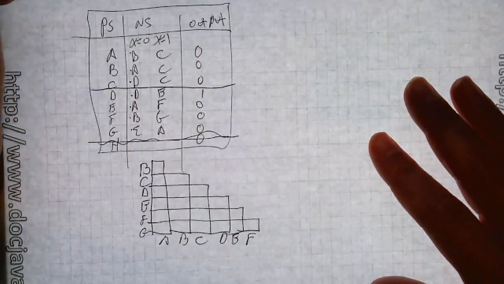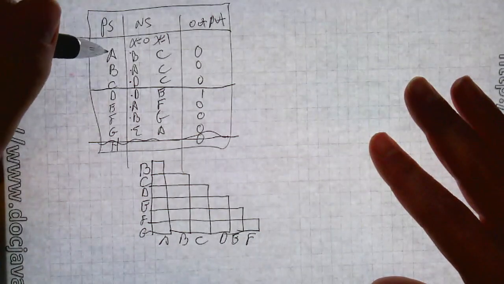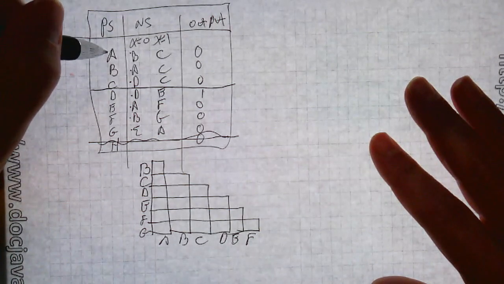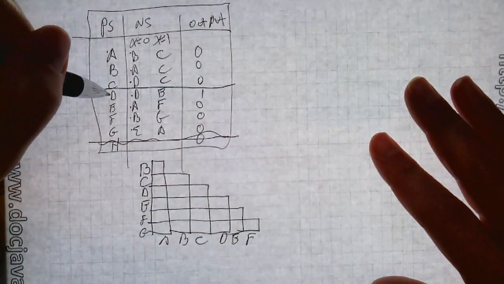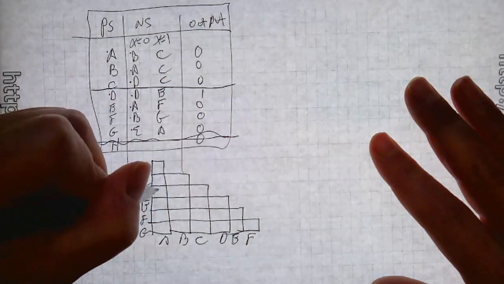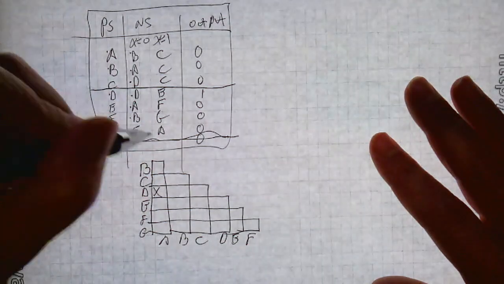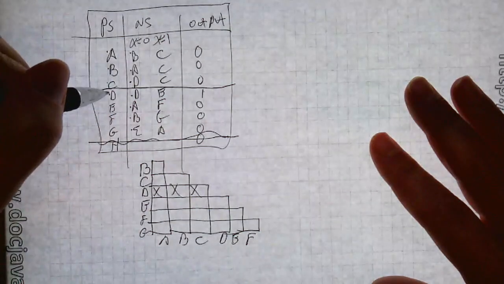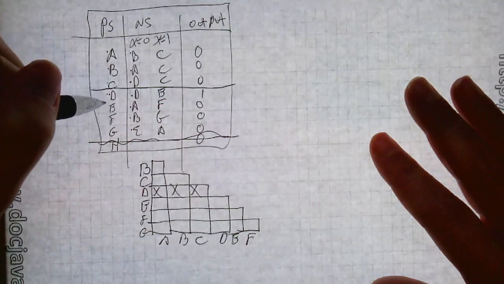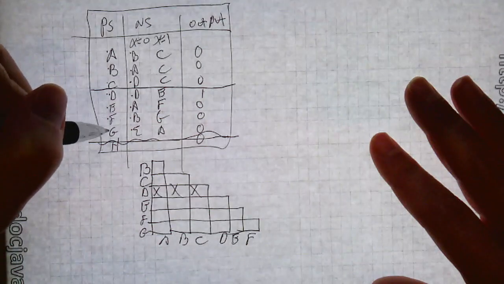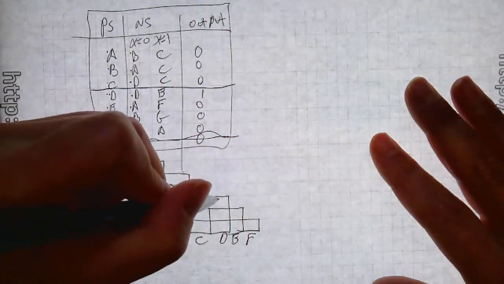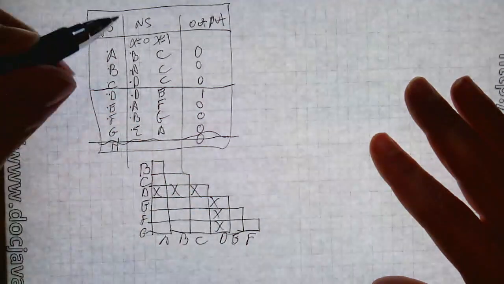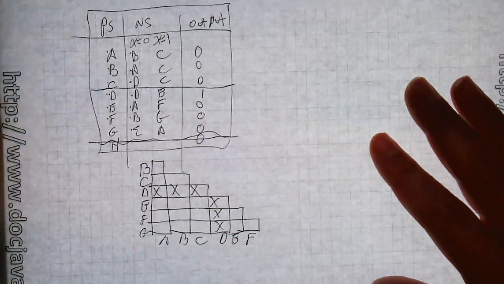And so now, A is different from D. B is different from D. C is different from D. D is different from E, F, and G. And that's it.